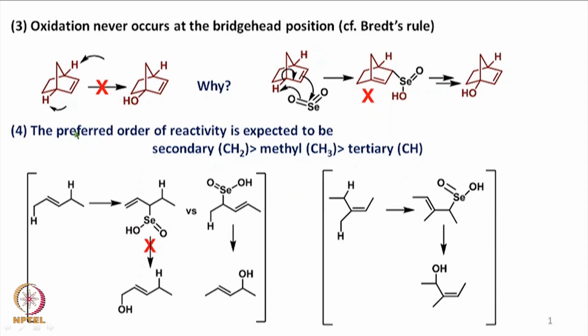Obviously, according to the fourth rule that we discussed just now, the oxidation here occurs, and that happens proceeding via this particular selenium intermediate, which is obviously a trisubstituted double bond, and therefore that leads to the formation of this particular allylic hydroxy compound.